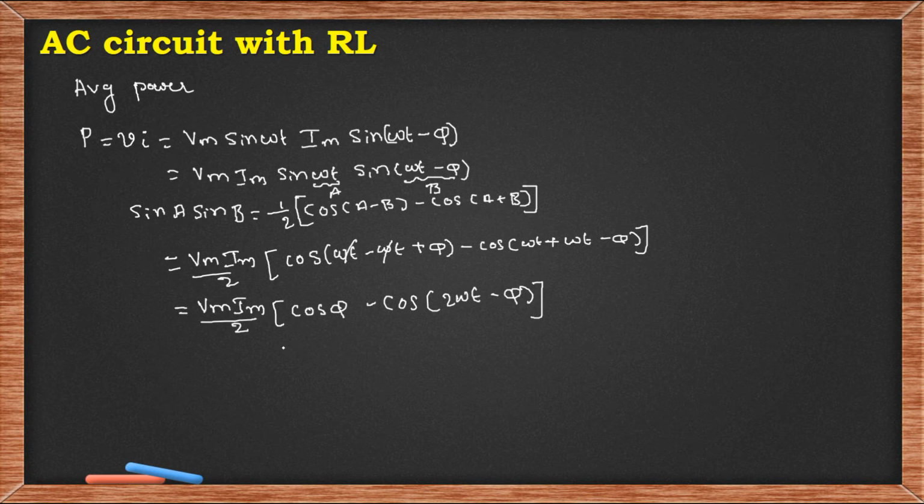Here the average power basically consists of two parts. This is the first part, and this is the second part. As you know, we are calculating average power, and power is always a scalar quantity.